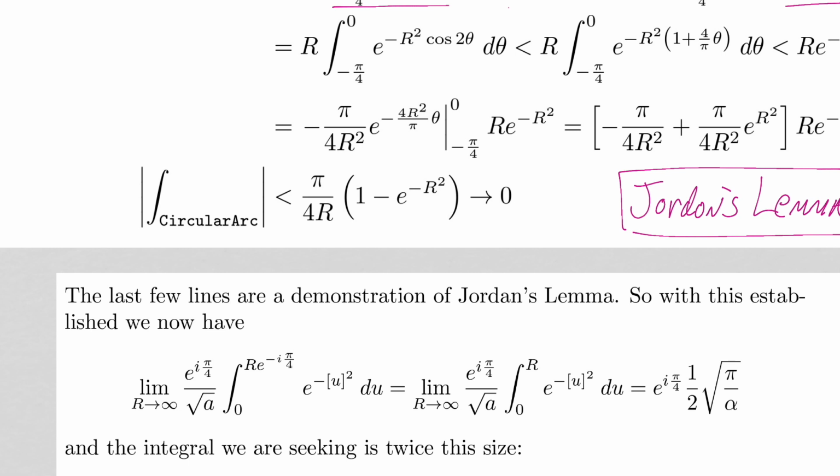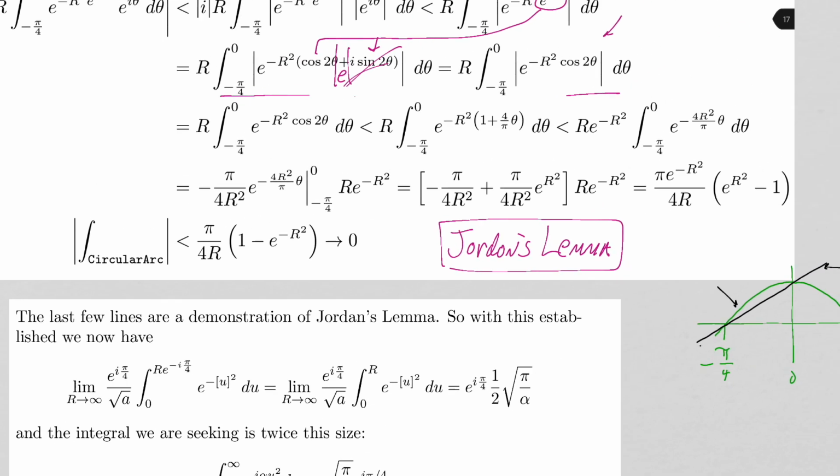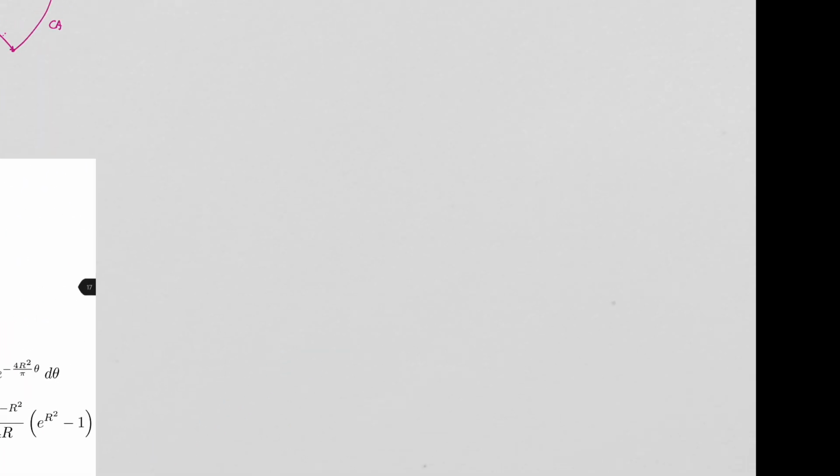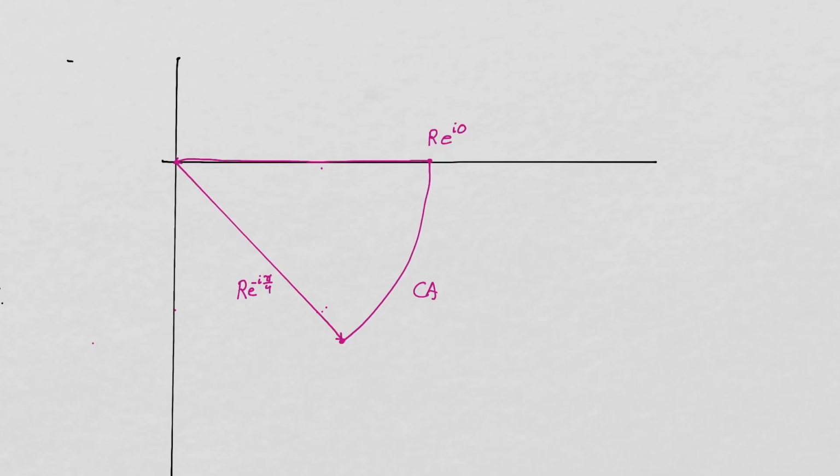So the magnitude of the integration on the circular arc is 0. And the trickiest part was applying Jordan's lemma, but regardless, we now know that as r goes to infinity, the value of the contour integral along this arc goes to 0.